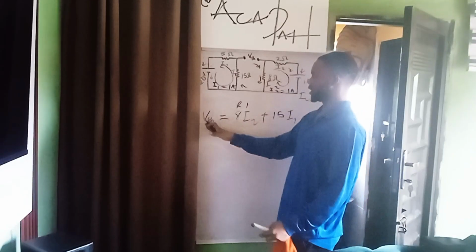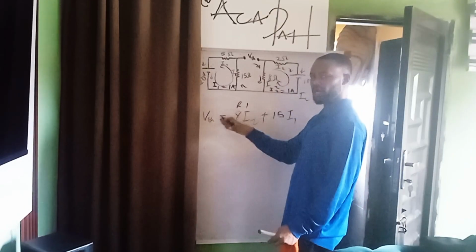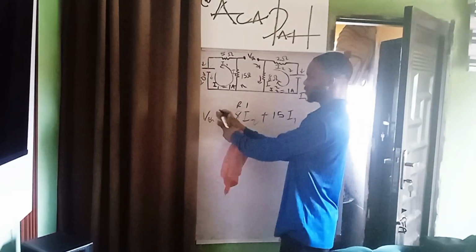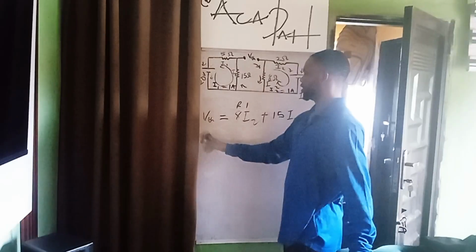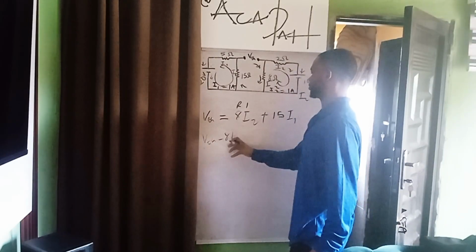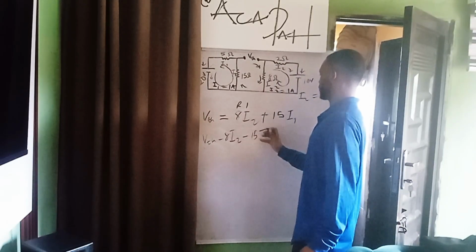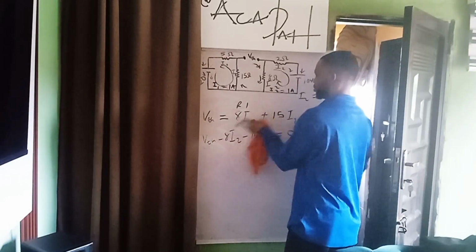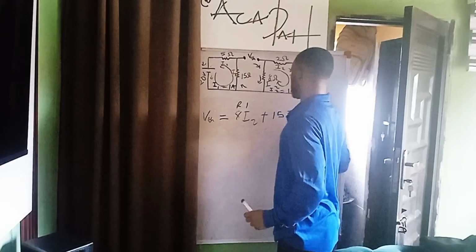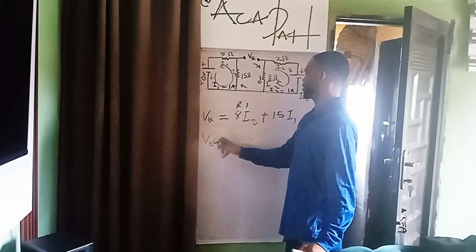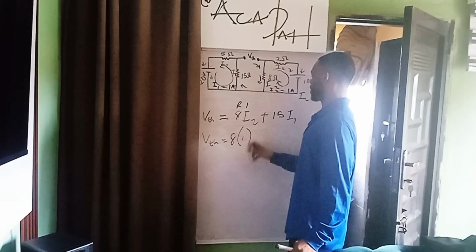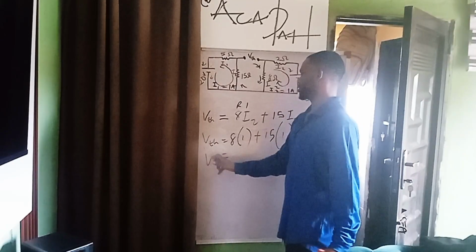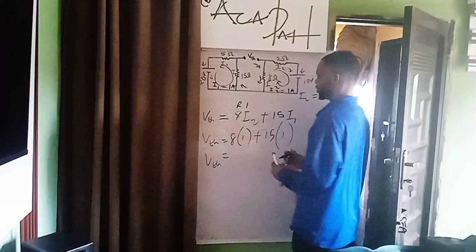So this is the same as V minus R, this minus, which will be equal to 0, because when it crosses the equality sign, it becomes this. So notice that. Now VTH is equal to 8 I2, which is 1, plus 15 I1, which is 1. So when you multiply it, you see that your VTH is going to be 8.